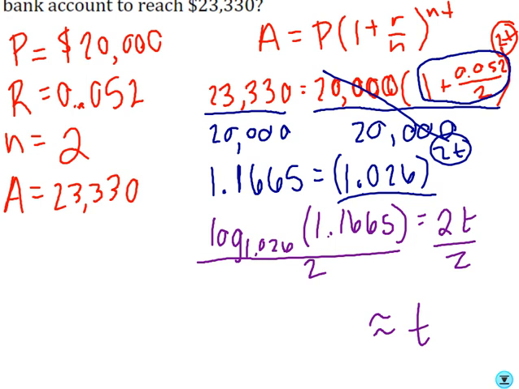And we get parentheses log base 1.026 of 1.1665, close it, divide by 2, 3 point, and then 4 zeros and a couple more decimals. So our question did say approximately, so this is going to be approximately 3 years.